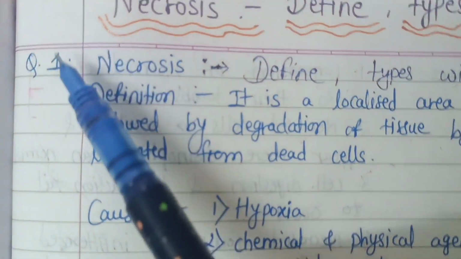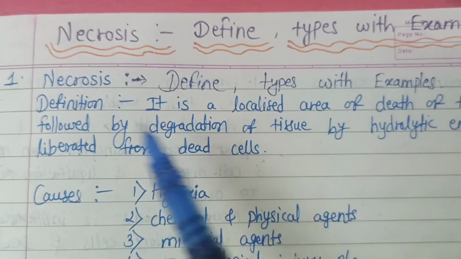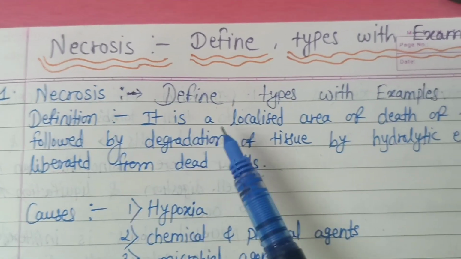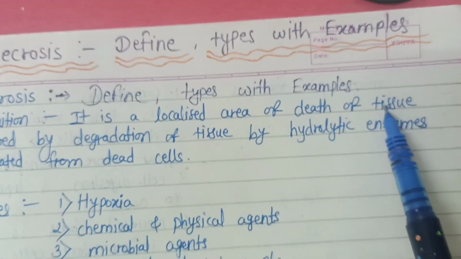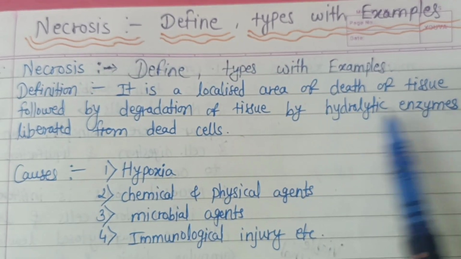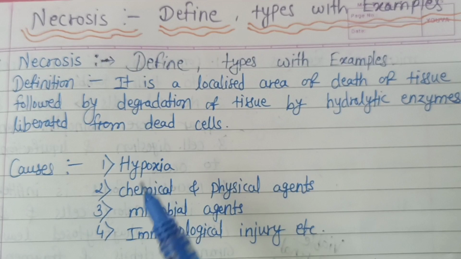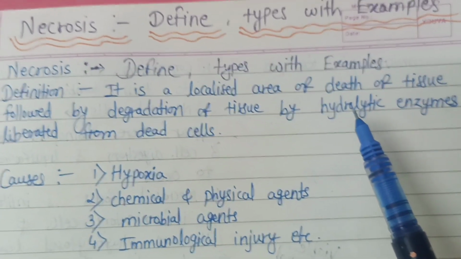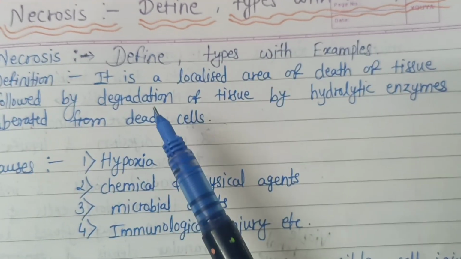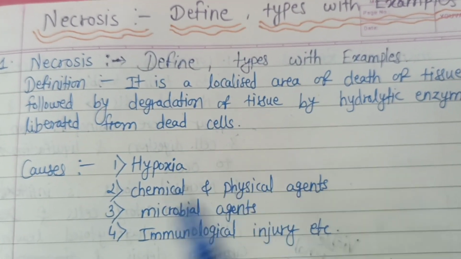Question number 1, that is necrosis, define types with examples. First, its definition: it is a localized area of death of tissue followed by degradation of tissue by hydrolytic enzymes liberated from dead cells. So from dead cells various hydrolytic enzymes are released and they do the degradation of tissue, and that's why death of tissue occurs, and this is called necrosis.